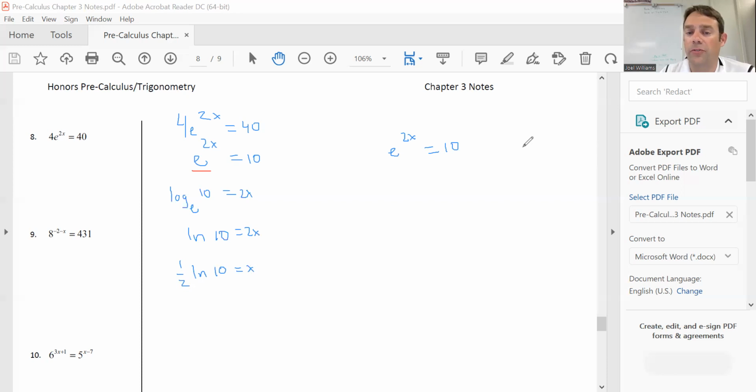The other way I could do it is if I were to take a look at the problem and do the same log to both sides. So for instance, I could do log on both sides. So log of e to the 2x equals log of 10. If I move that 2x out in front, I get 2x times log of e equals log of 10. And by the way, log base 10 of 10 would have been 1.